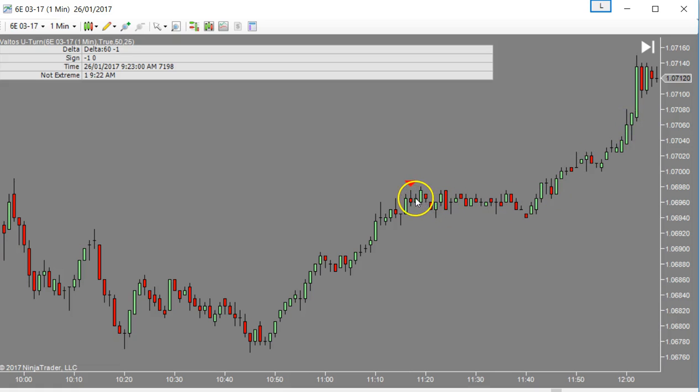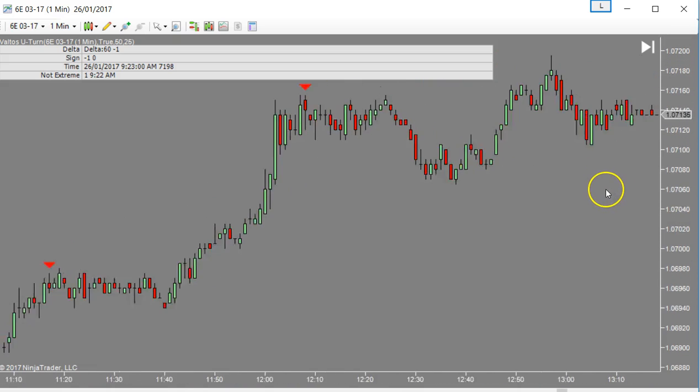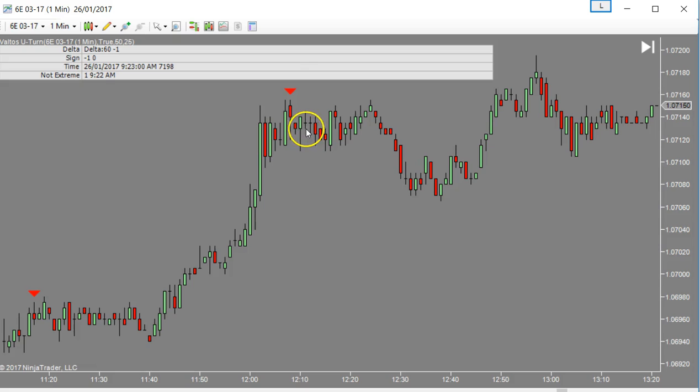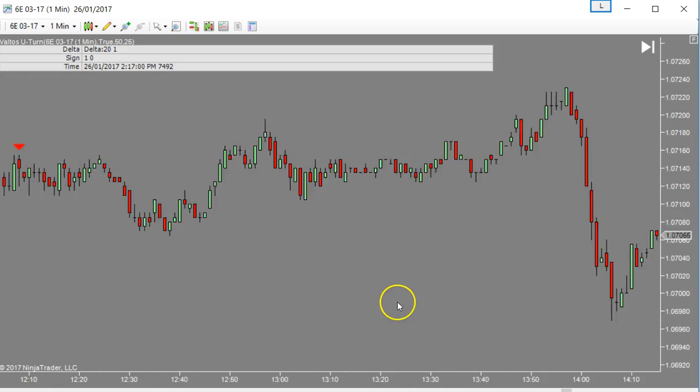You're trading a 1 minute chart. After 10 minutes, 15 minutes, 20 minutes, the market's just going sideways on you. You can get out. So here's a nice sell up here. It kind of went sideways before falling down a little bit. But again, if you're trading a 1 minute chart and after 10, 20 minutes it's all sort of up in that area, be careful. Think if you really want to be in that position.